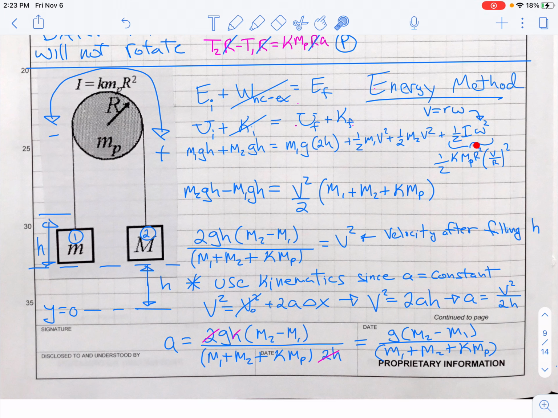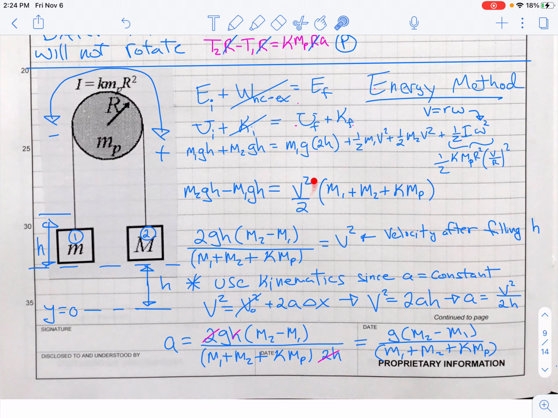So we plug in everything here, all those r's and stuff cancel out. We can factor out a v squared over 2 from everything here. And this term, I moved it back over to the left. So m1gh minus 2 m1gh, that's where this minus m1gh comes from.